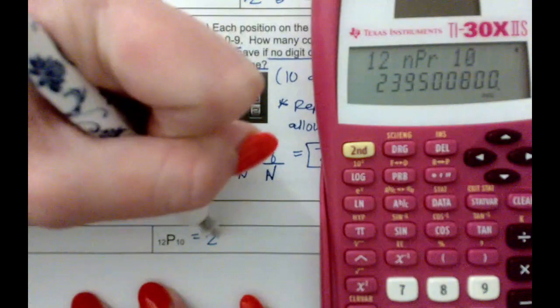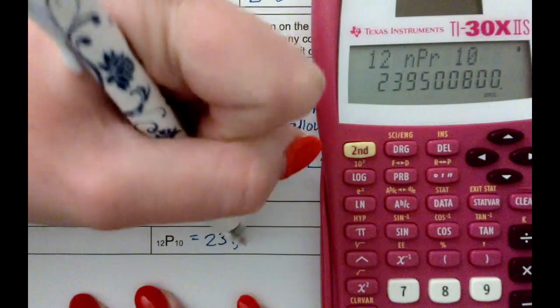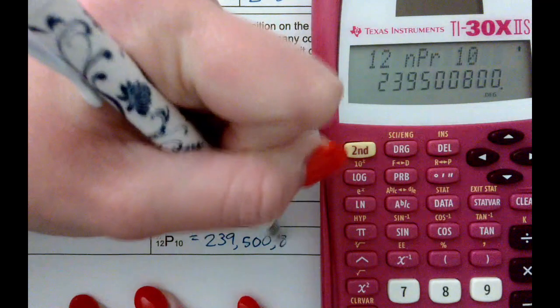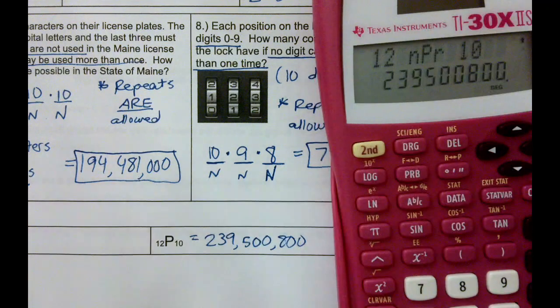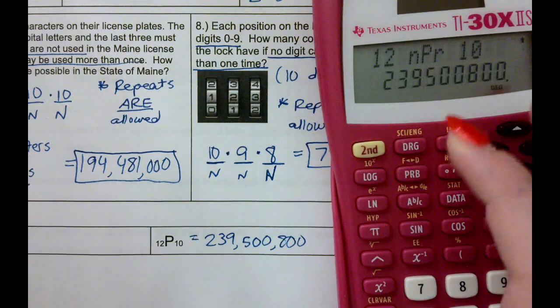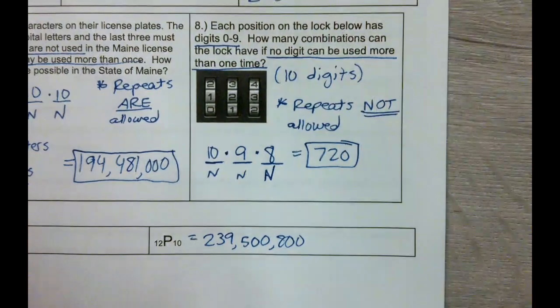That is 239,500,800. Let me just make sure I got all that down correct. Yes. If that's something you struggle with, just write down all the numbers. Don't worry about the commas, but I like to be precise here. All right, next page.